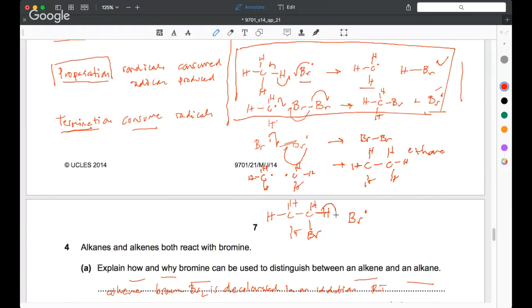You're going to get one electron coming here, and you're going to get that electron coming there. That's going to form a new covalent bond between the hydrogen and the bromine. We're going to get hydrogen bromide forming there. And then the other electron that's in that bond pair, you see one of them went here, the other one is going to go there.